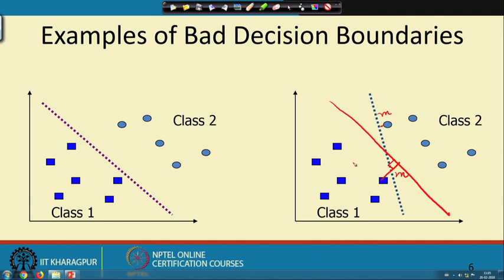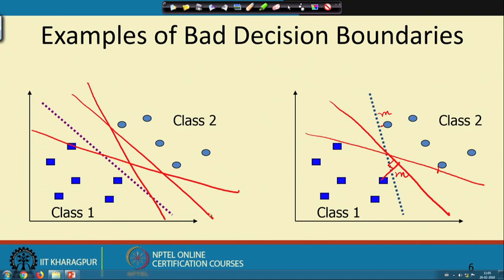If you take another line like this, it will also have a smaller margin. Drop perpendicular, that distance. So, we decided that among all these correctly classifying lines on the training set, we will take the one having the highest margin.